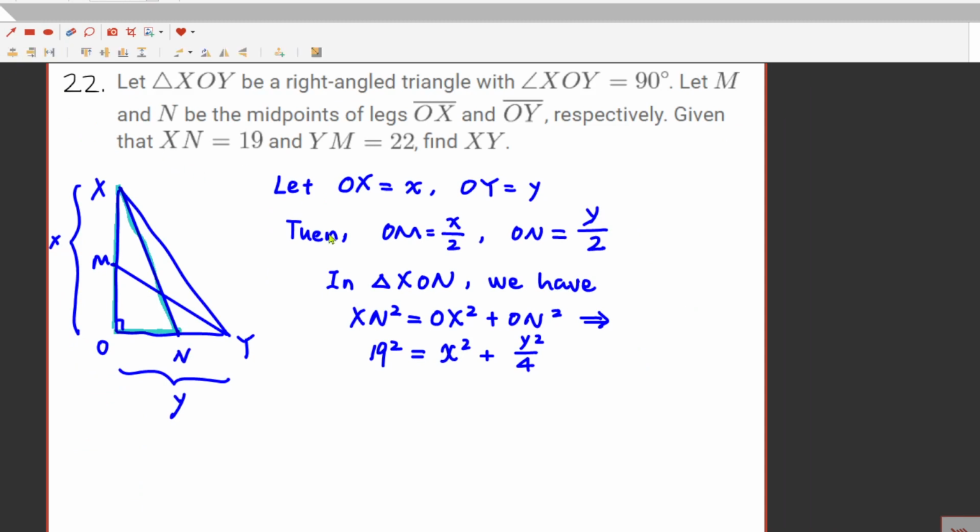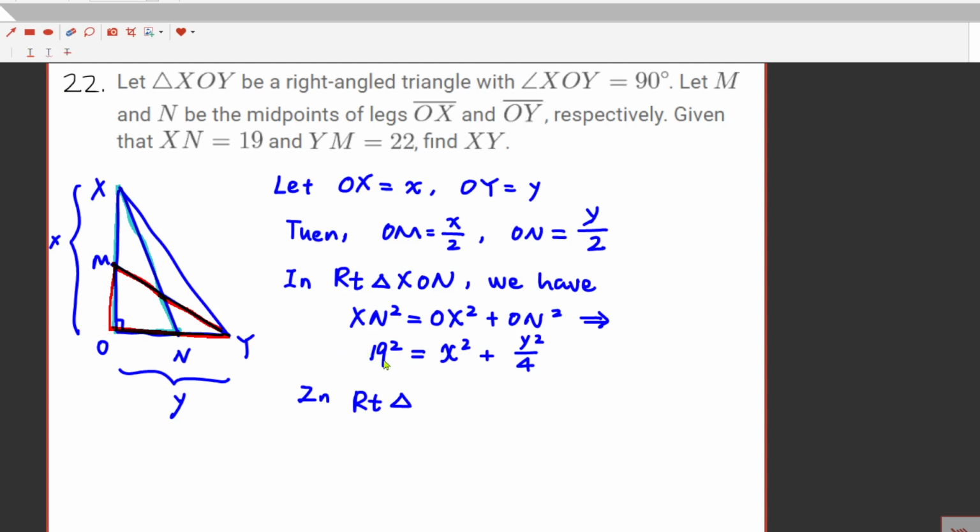So you can use a similar method, using the Pythagorean theorem twice in another right triangle. So this is one of the right triangles.